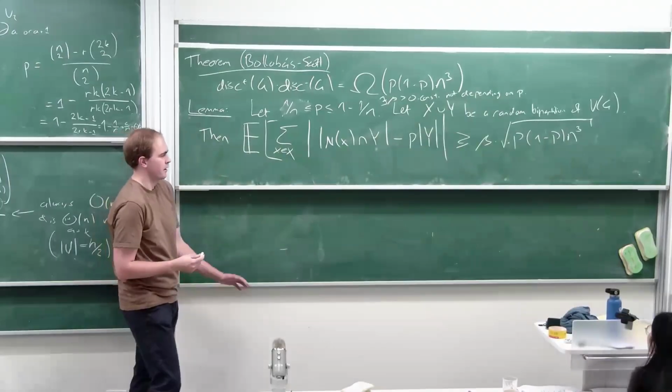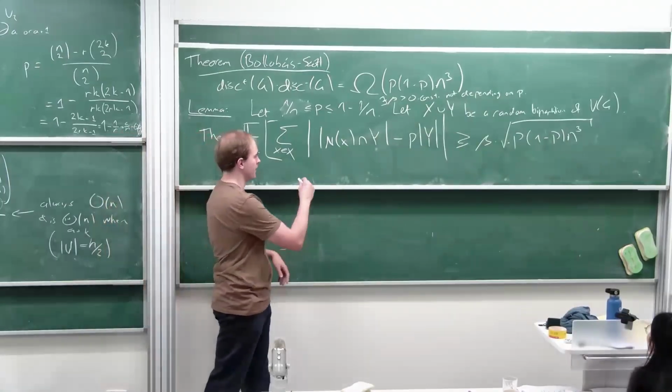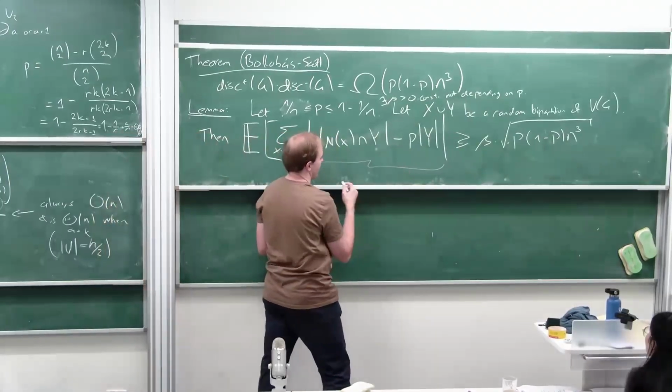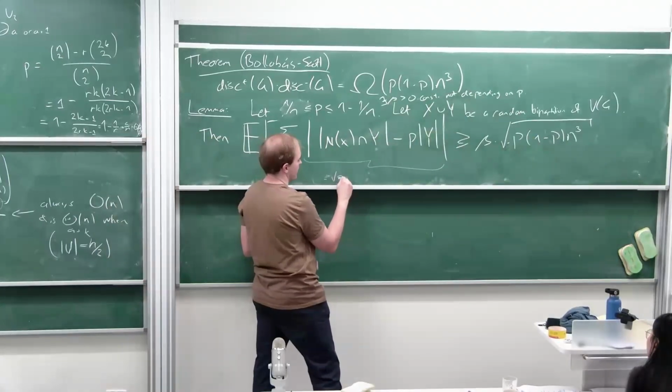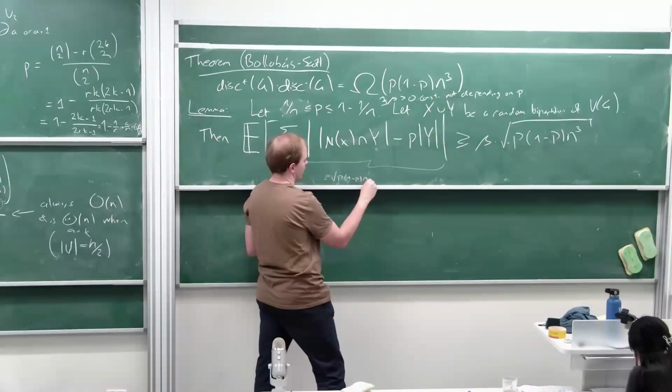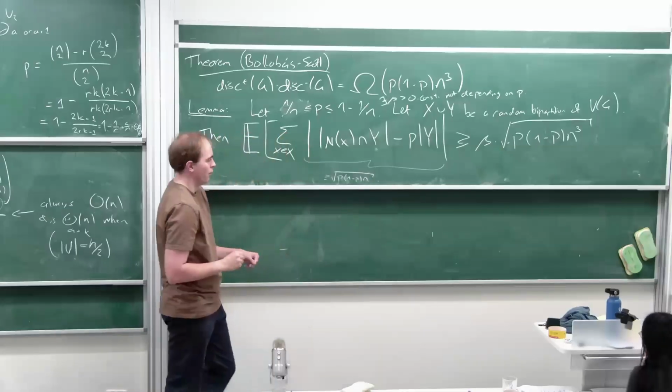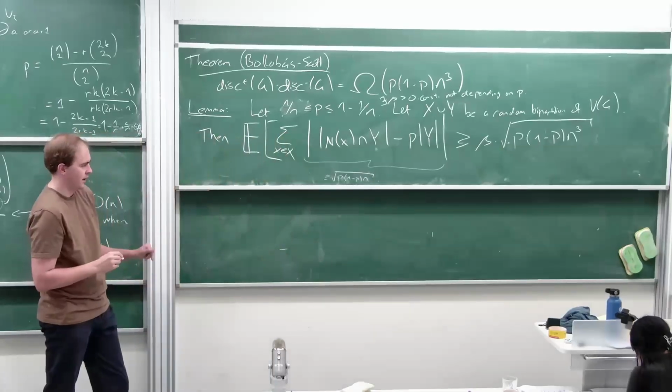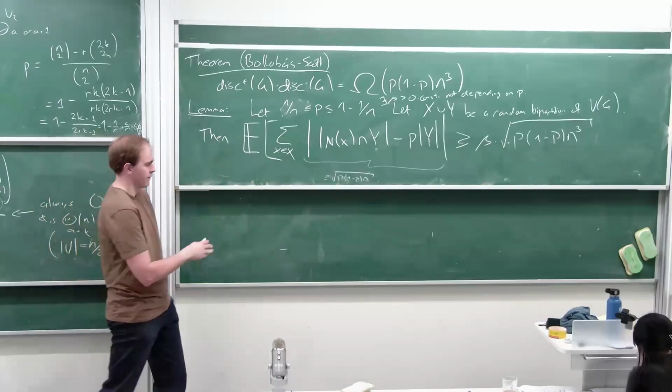So what this statement is roughly saying is that on average, this should be roughly beta times root of p times (1 minus p) times n, for some constant beta.